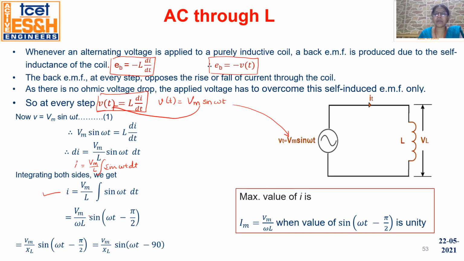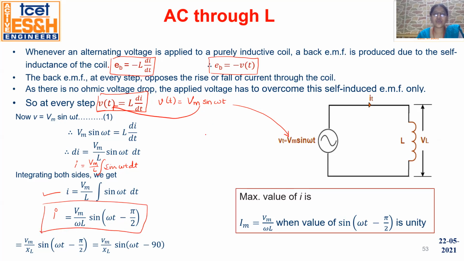In place of that cos, we can write sine omega t minus 90. In terms of sine, instead of cos, we write the equation and take the angle which is subtracted from the omega t, that is 90. So by the formula, we can write our i is equal to this equation.